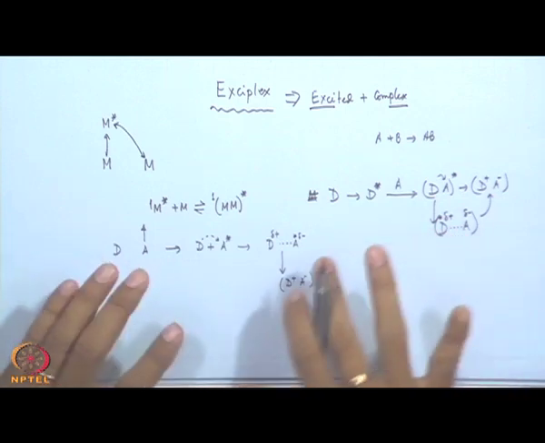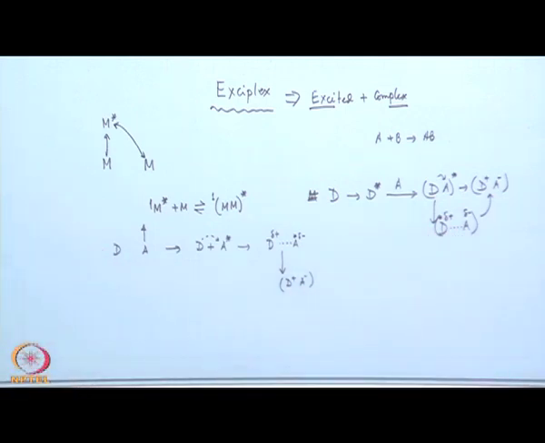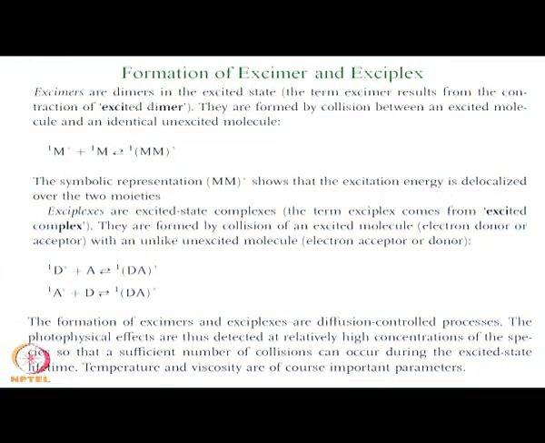So, in one case D has to be excited, in the other case the acceptor has to be excited to get the exciplex, or excited state complex.